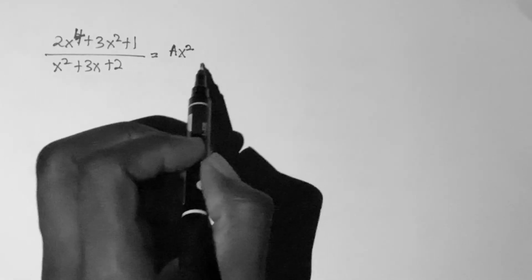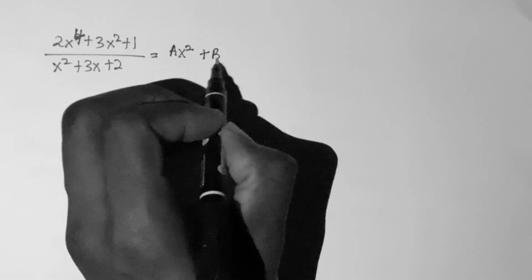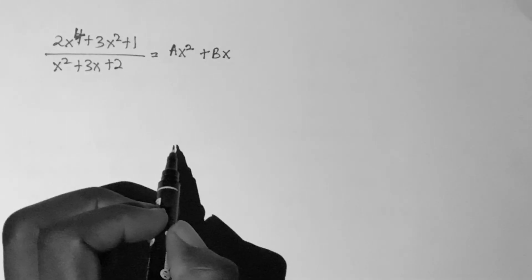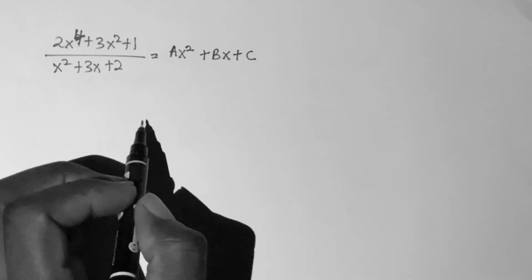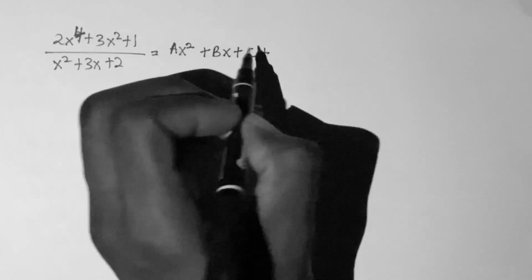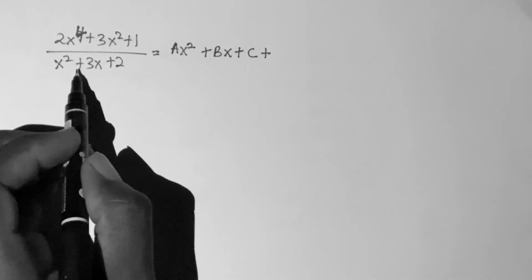Since we have an x squared term, it means we must also have an x term, so plus bx, then plus the constant, which is c, then plus another constant divided by this denominator.